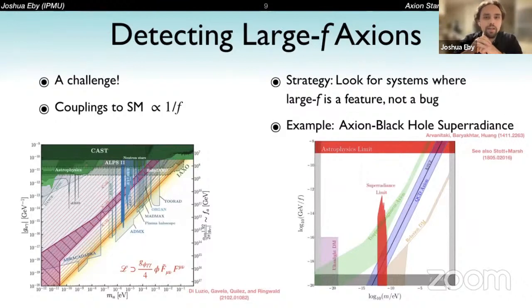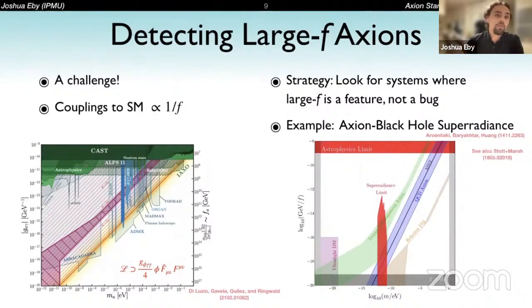And I like, as an example, axion black hole superradiance. I don't really have time to go into this in detail. I'm sure many people know the story here, but basically rapidly rotating black holes can generate axions. There's an instability in the scalar field that converts the angular momentum of the rapidly rotating black hole into axions that are in a high angular momentum state, and this spins down the black hole.